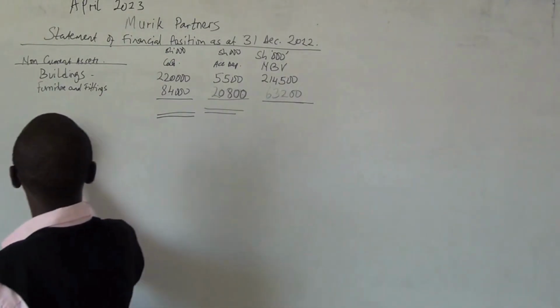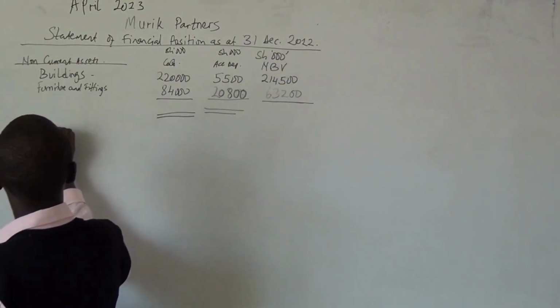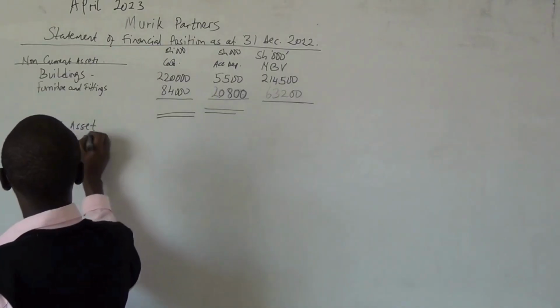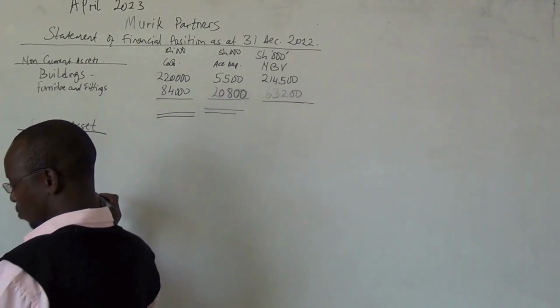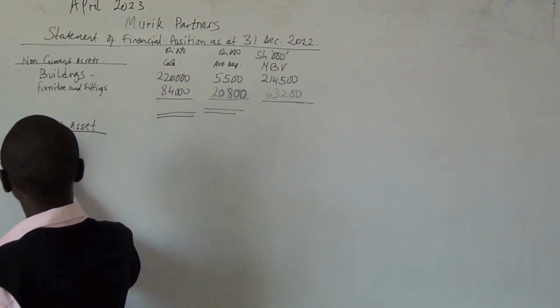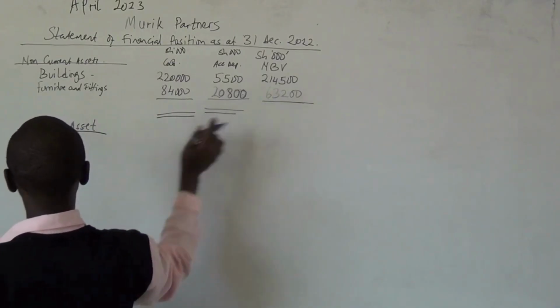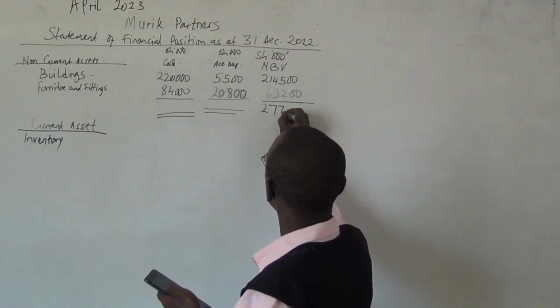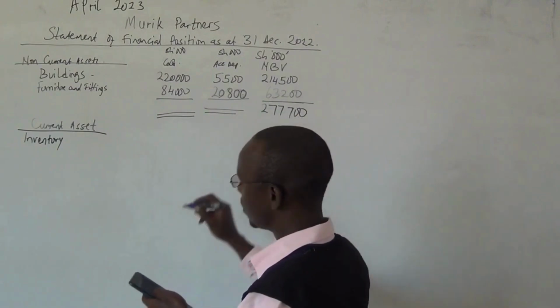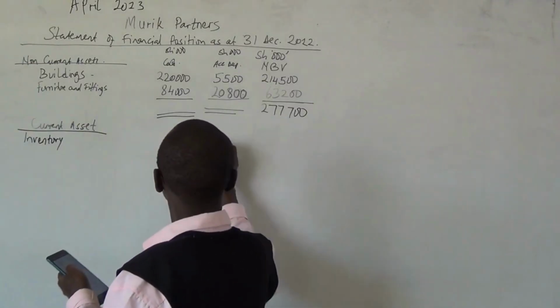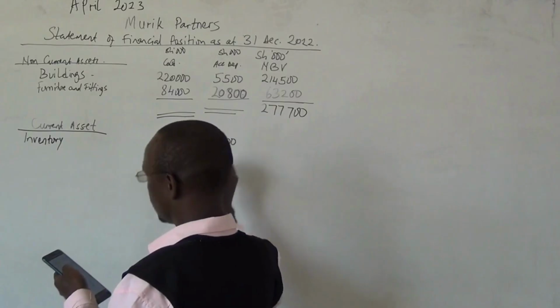Then you add current assets. Current assets, you list them in the order of liquidity. Start with the inventory, 12,000, closing inventory.